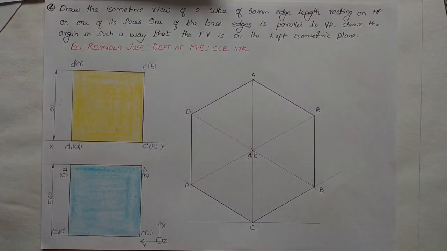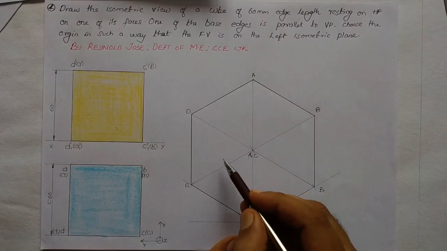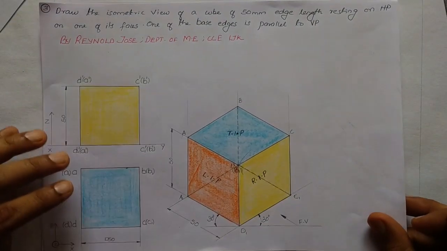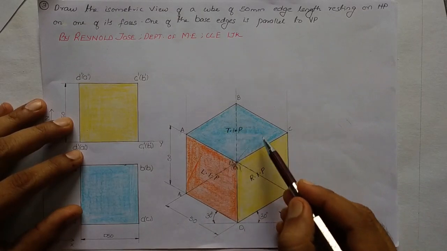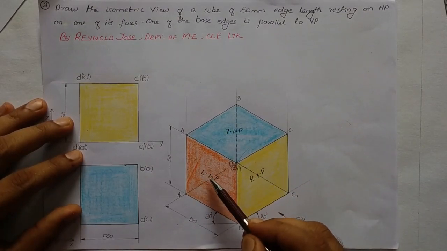After drawing the outline as thick lines, the next step is drawing the other possible visible lines. So in this case, all the lines along the top isometric plane, right isometric plane and left isometric plane will be visible. As I have mentioned in the previous problem, this is the top isometric plane, this is the right isometric plane, and this is the left isometric plane.